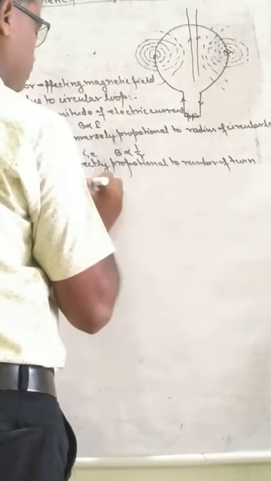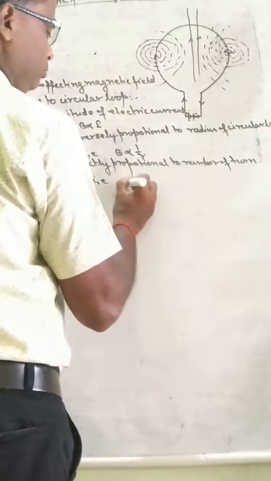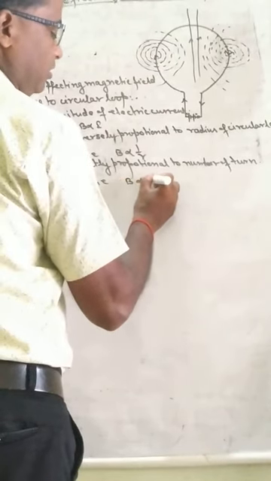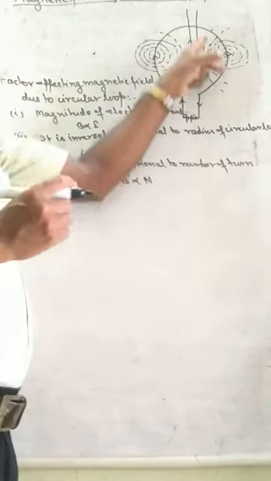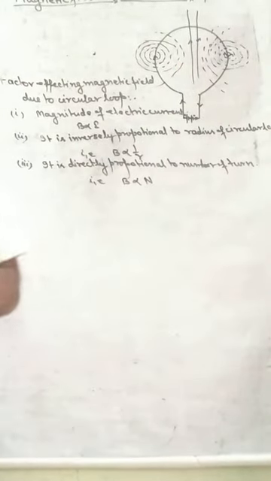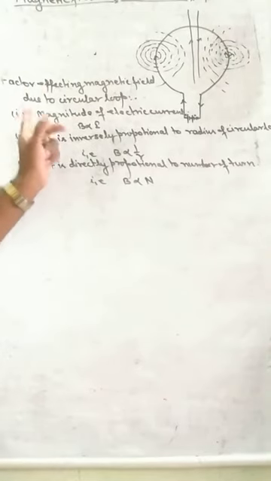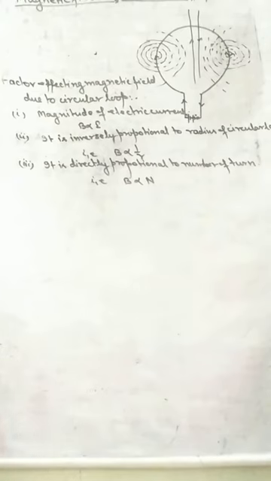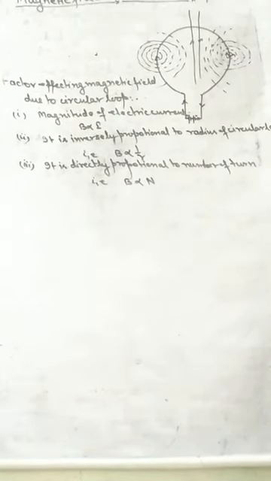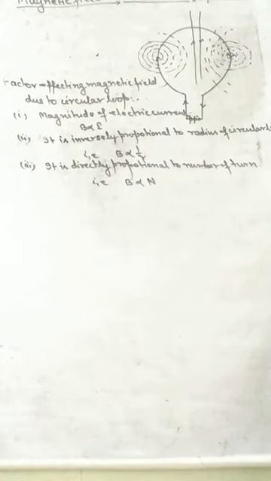That is, B is proportional to N, the number of turns. The more turns, the more magnetic field is produced. These are the characteristics of magnetic field due to a circular coil and the factors affecting it. Next I will study magnetic field due to current, magnetic field due to a solenoid.